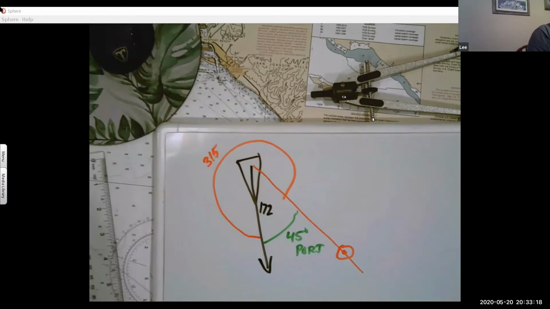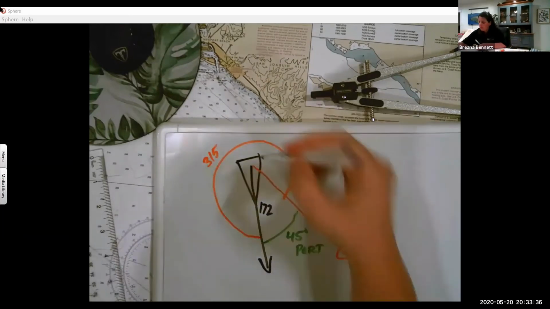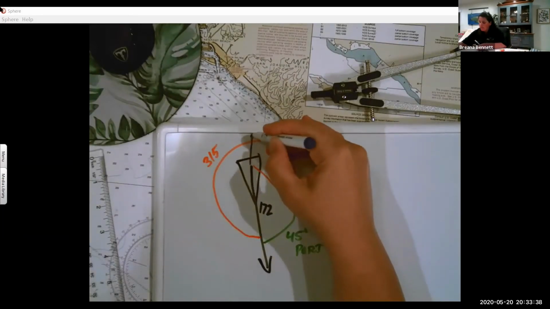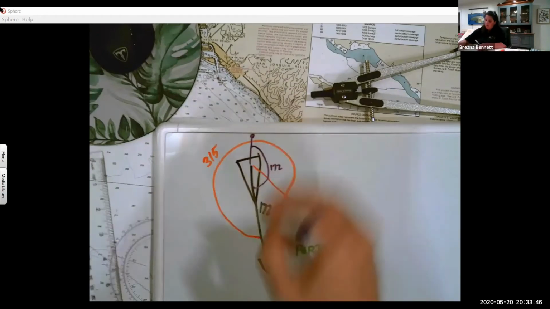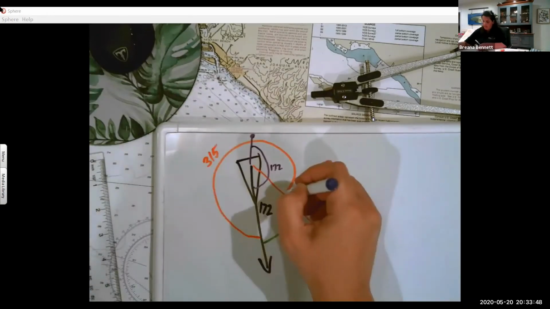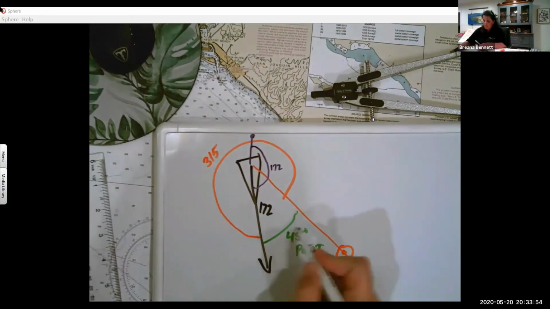Oh, okay. Oh, it asked us, number 10, what was the true bearing here? If due north is 0 and my heading is 172 plus my 315 gives me a really large number, or I could subtract my 45 from my 172.